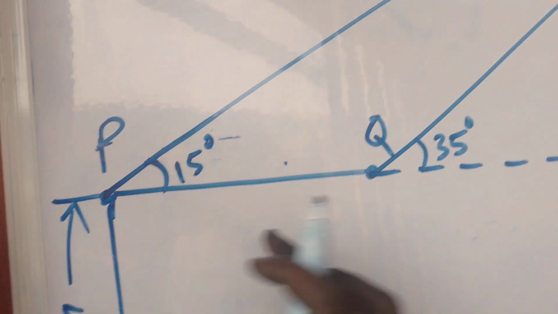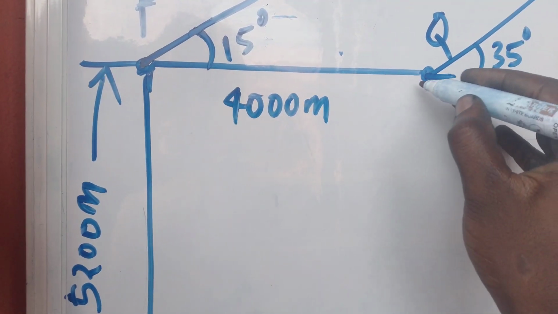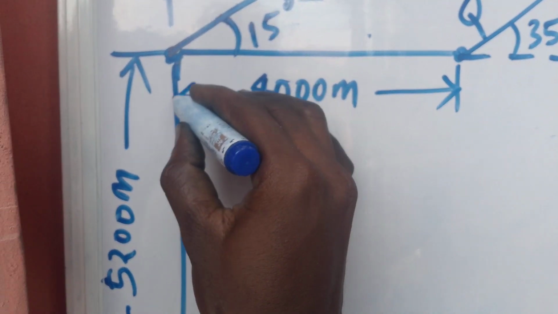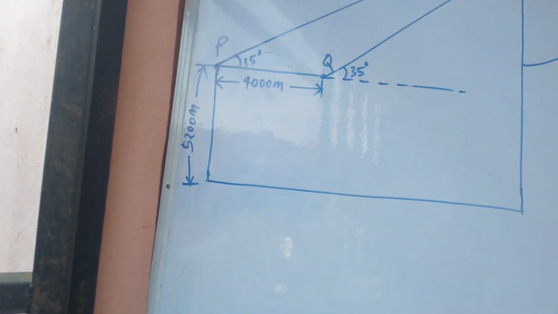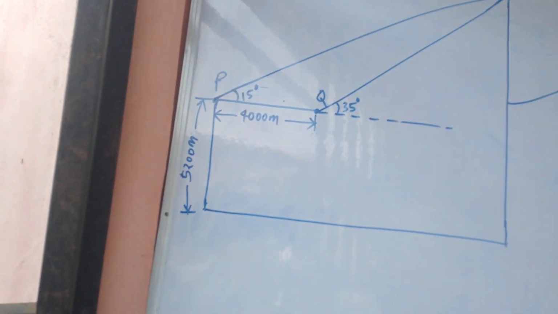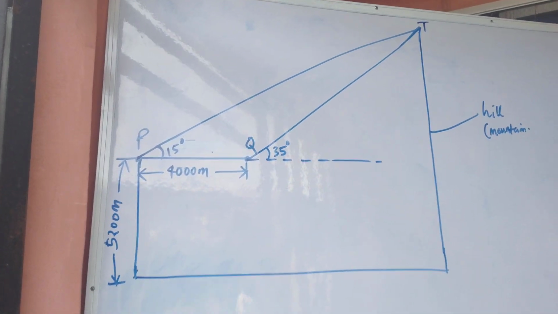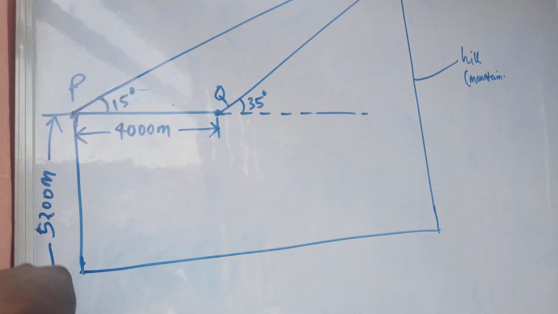And the distance between P and Q is 4,000 meters. That's the distance from here to here. The angle of elevation of P with respect to the top of the hill is 15 degrees, and that of Q is 35 degrees. And then they said P is 5,200 meters above sea level. That's why I have this height.